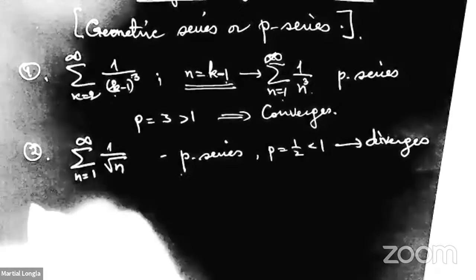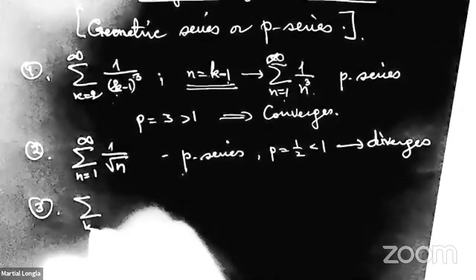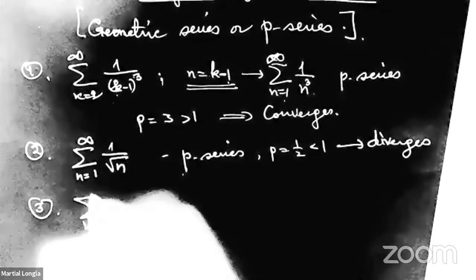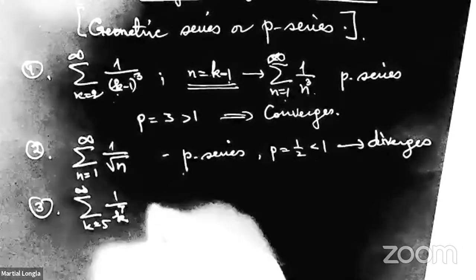Now, let's say I give you another one like this one. The sum with k from 5, of 1 over k to the power 7. What would you say?